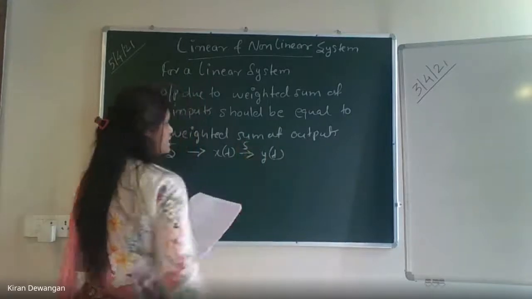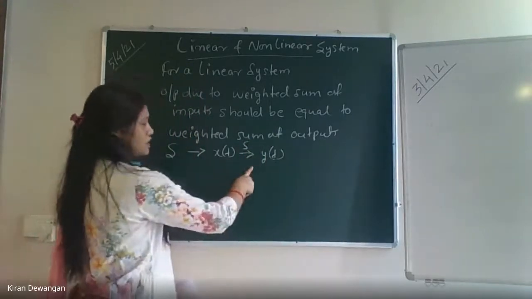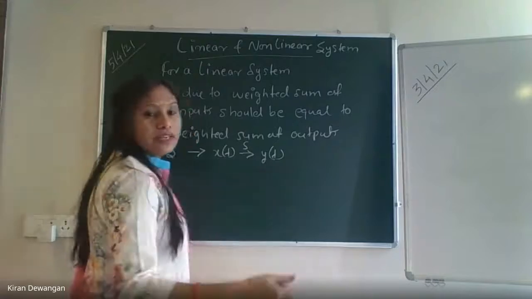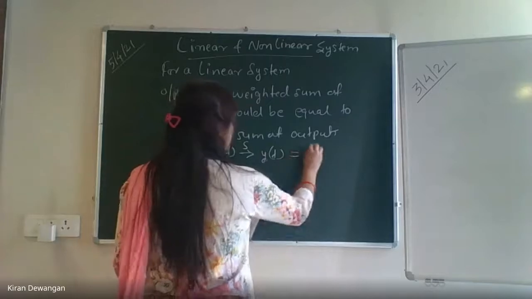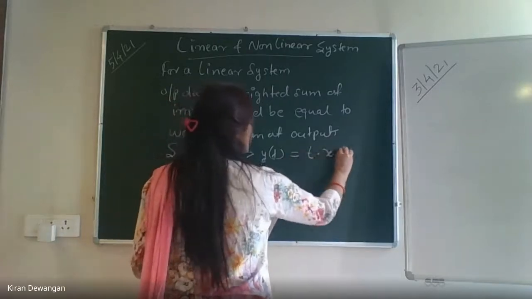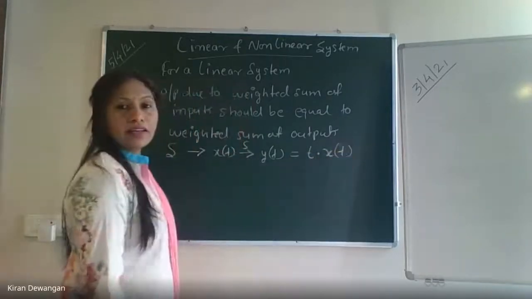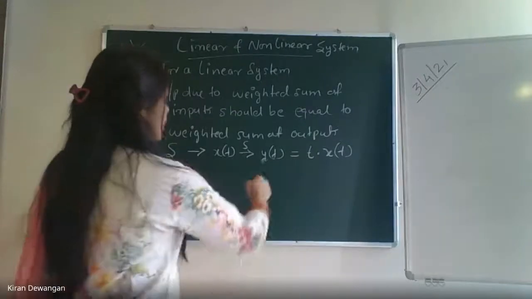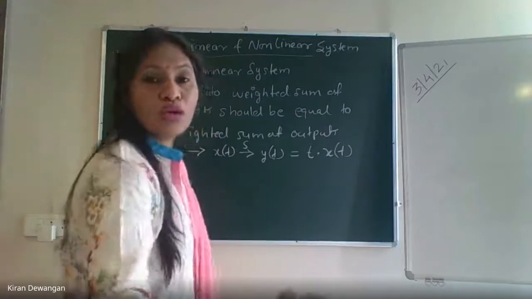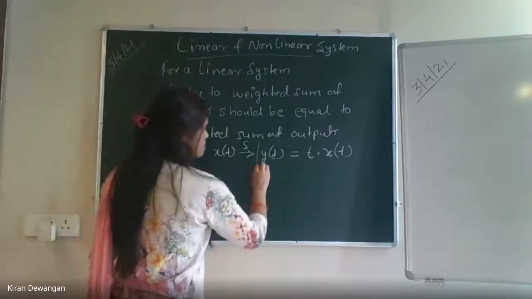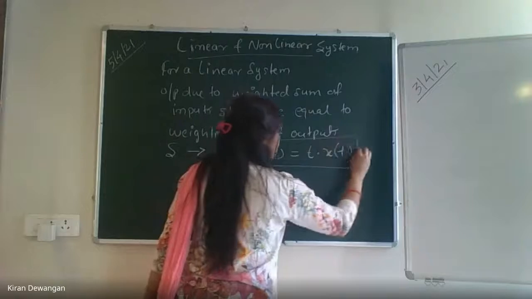This is the system. x(t) is given to a system which is producing an output y(t), and this y(t) is equal to t times x(t). So this is what we need to remember, that this is my y(t).